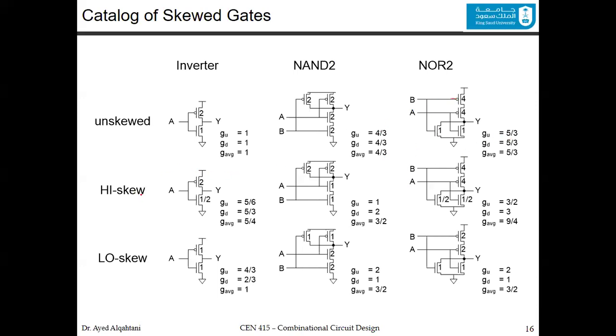Now for the high skew, if you care about this transition, the up, then let's calculate it again here, GU and GD, GU and GD, and GU similarly here, and GD.